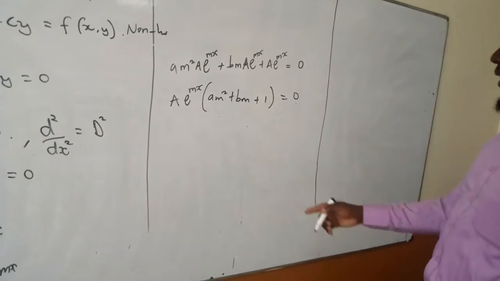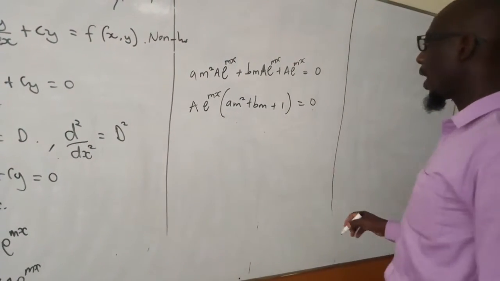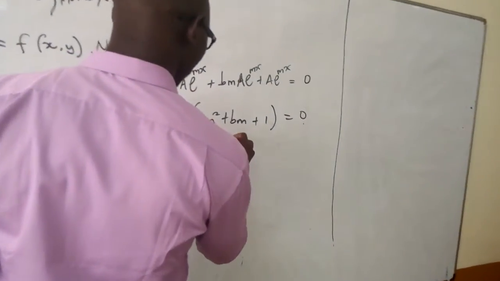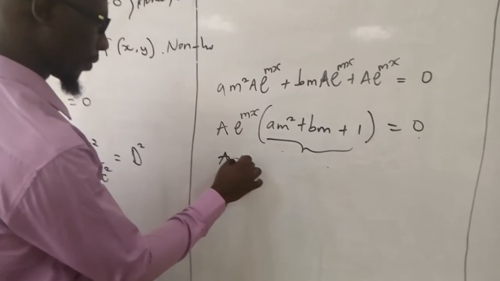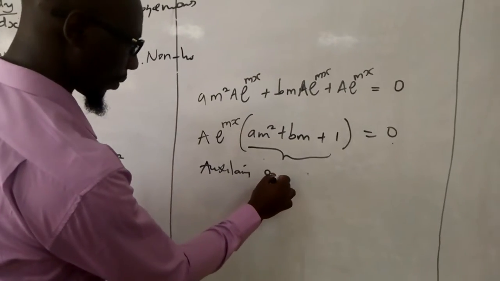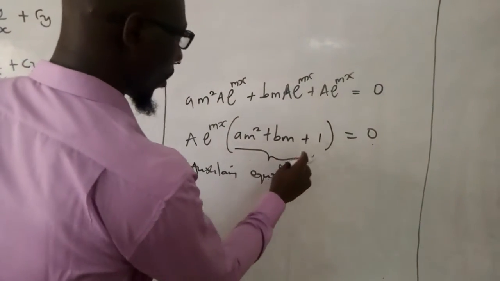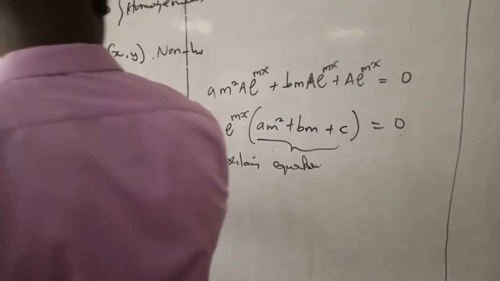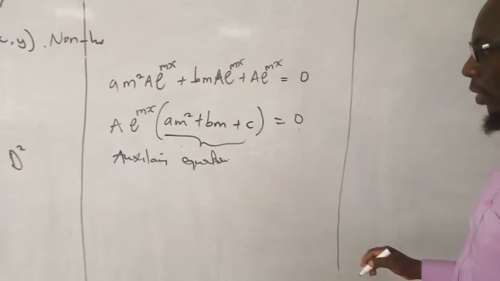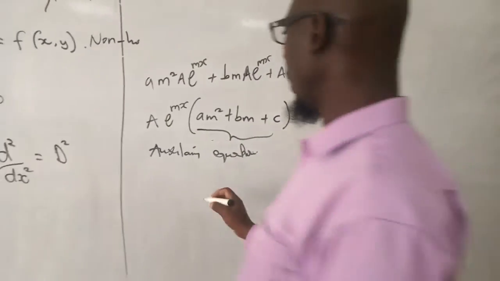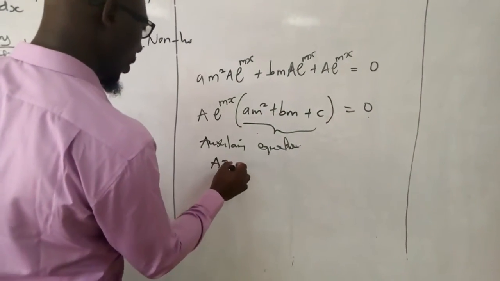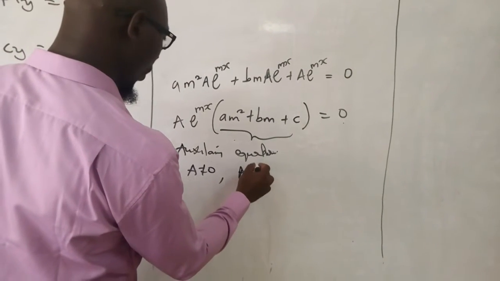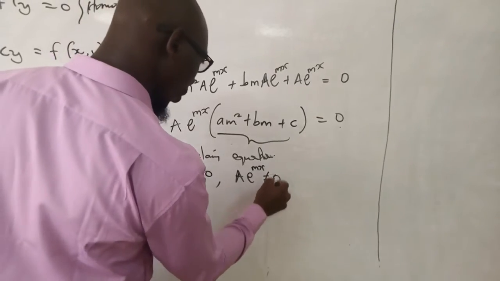So what we form inside here is called an auxiliary equation. Auxiliary equation. So this auxiliary equation, we know that when A is not equal to 0, it therefore implies that A exponential of mx is therefore not equal to 0.